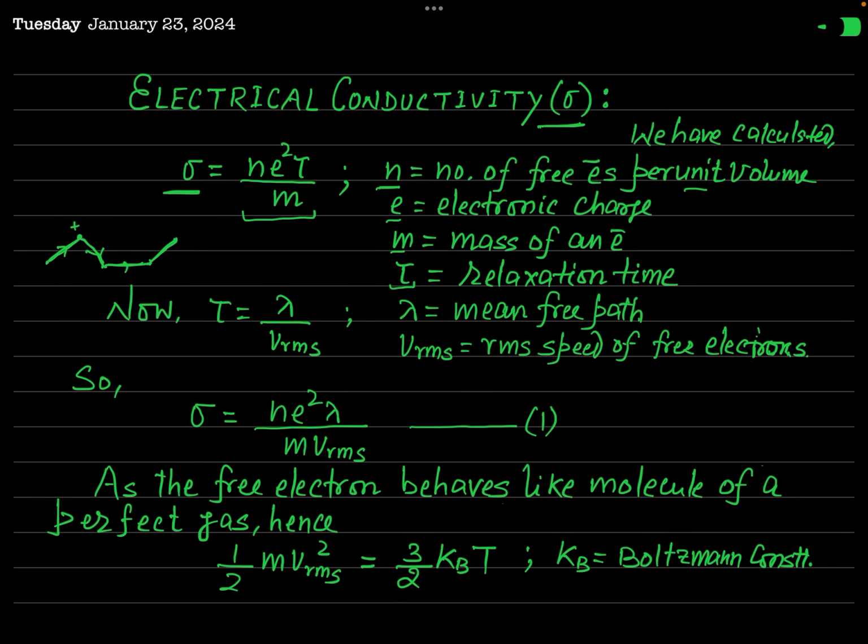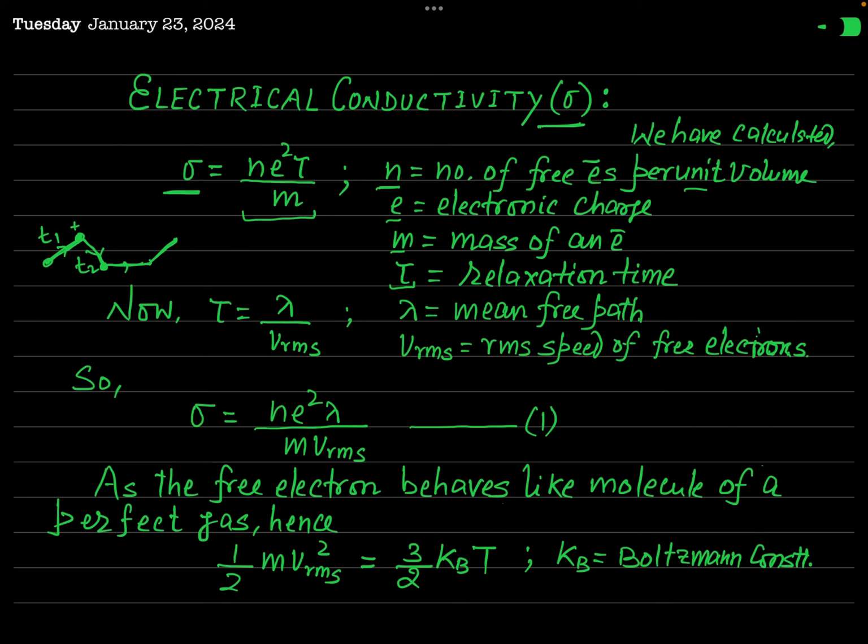Let us say the first collision takes place here, the second collision here, and the time taken between these two successive collisions is T1. Then here our electron suffers a collision, and this time is T2.